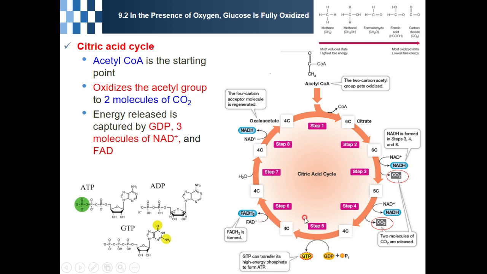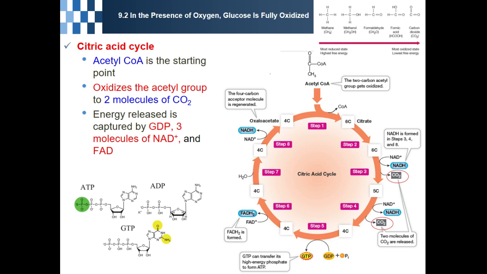The important thing is, what is the starting point? Acetyl coenzyme A. You don't have to memorize the structure, but you have to know acetyl coenzyme A. They have 2 carbons, so it binds to the 4 carbon oxaloacetate. Finally, it will make the 6 carbon citrate.